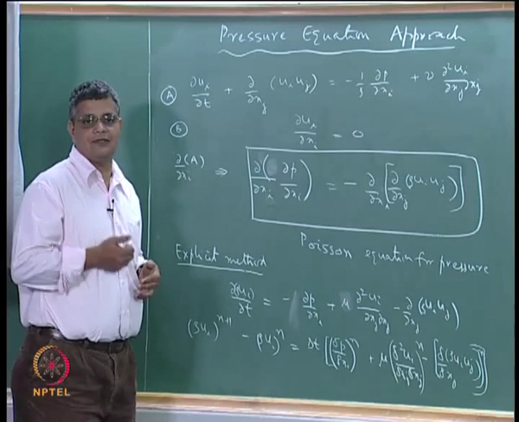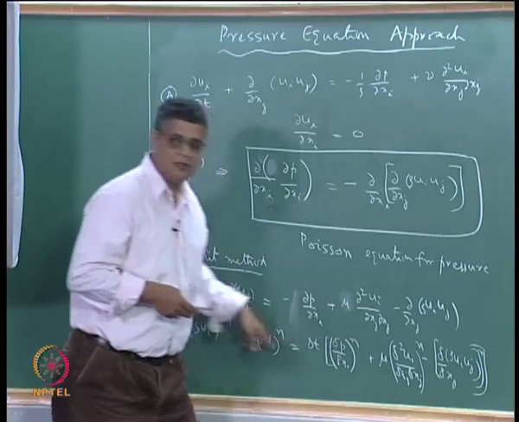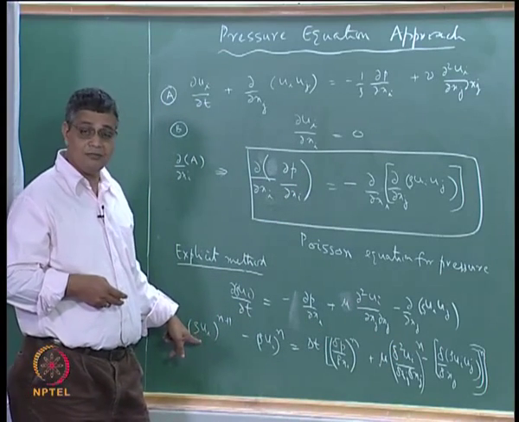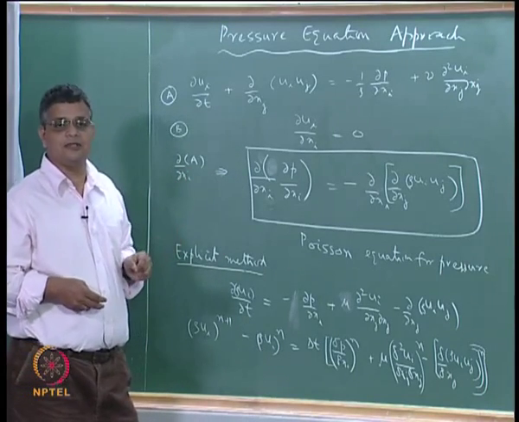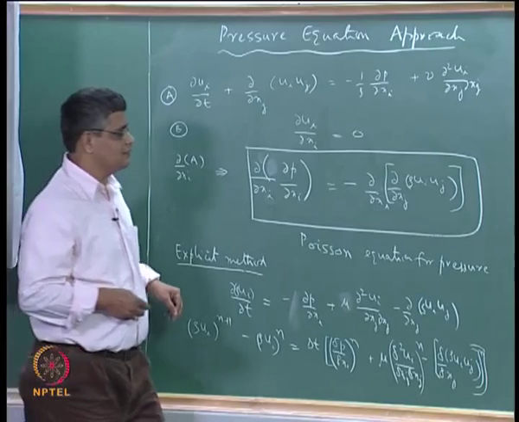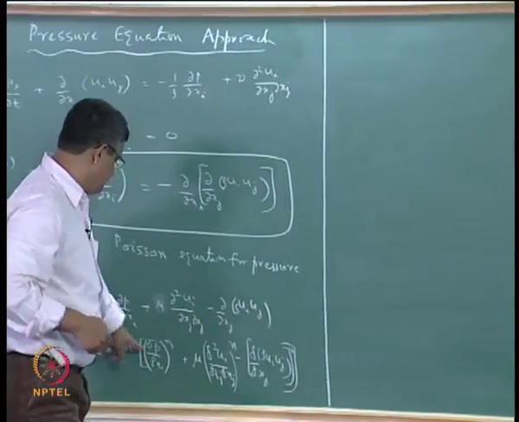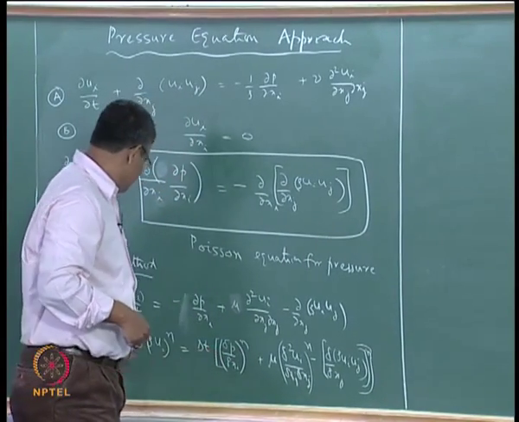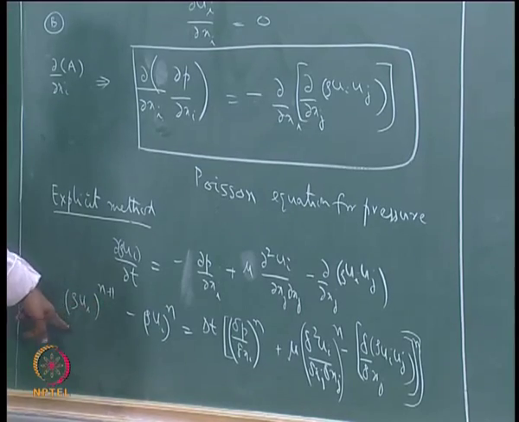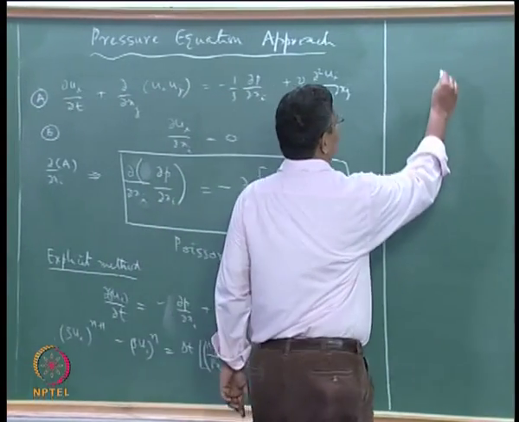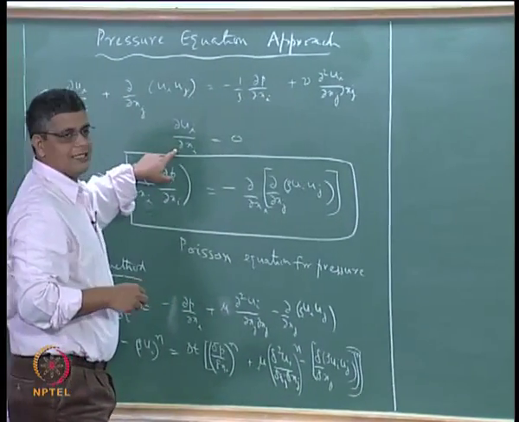Now, what is meant by correct evaluation? So, that velocity is satisfying the discretized momentum equation, but it also has to satisfy the discretized continuity equation at n plus 1. Okay. So, we say that the pressure evaluation at n must be such that the evaluated velocity at n plus 1 must satisfy the continuity equation. Now, what is the continuity equation? It is dou ui by dou xi equal to 0.